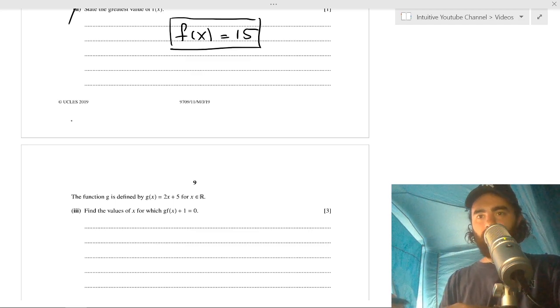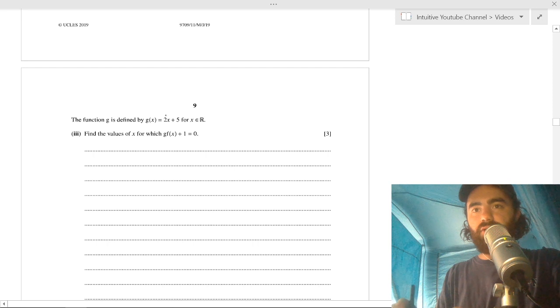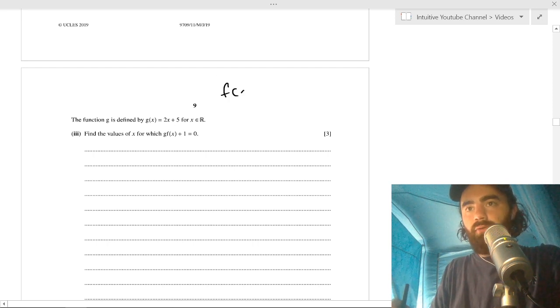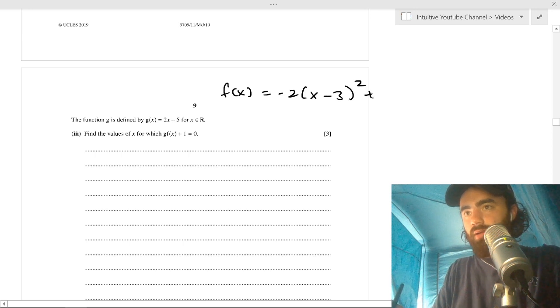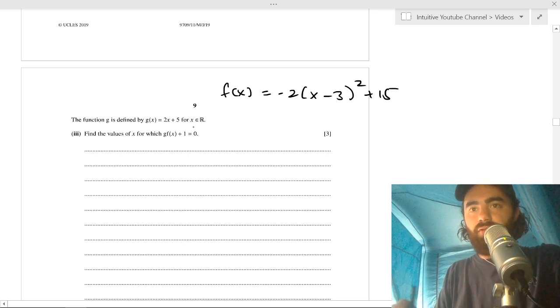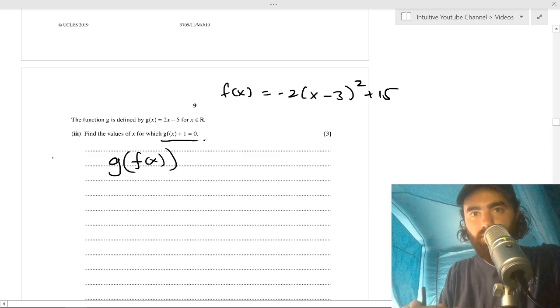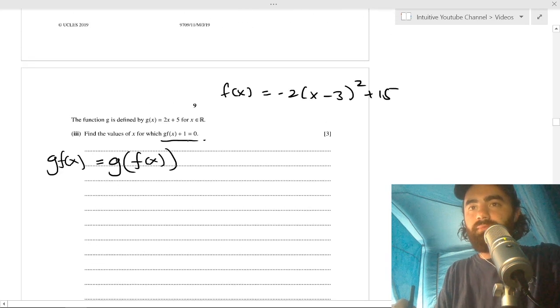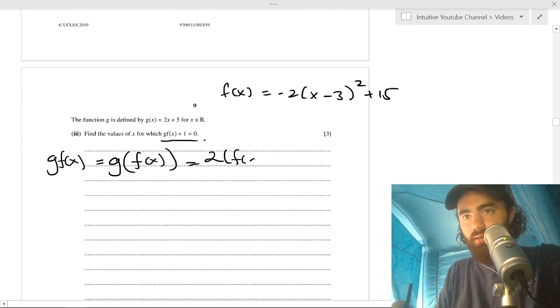Okay, now we're required to solve an equation here. So remember, we have our f of x equals minus 2 (x minus 3) squared plus 15. And now we have a g of x. So he wants us to solve this equation. Well, let's figure out g of f of x first. That means we want to substitute f of x into our g of x.